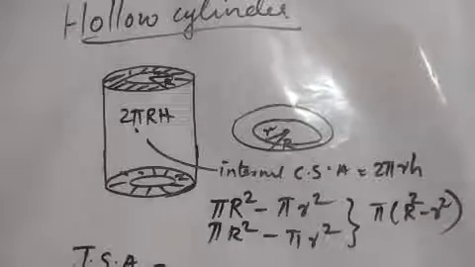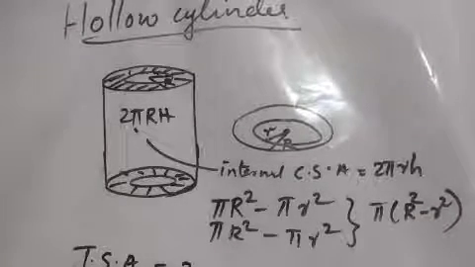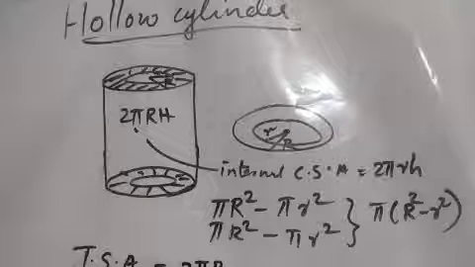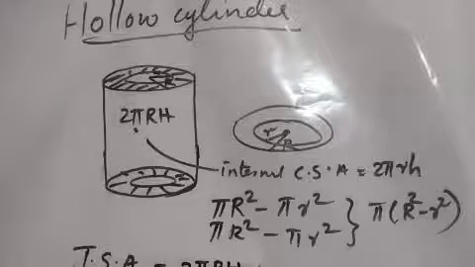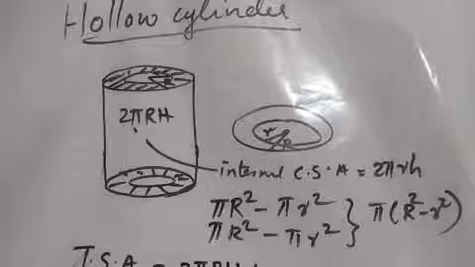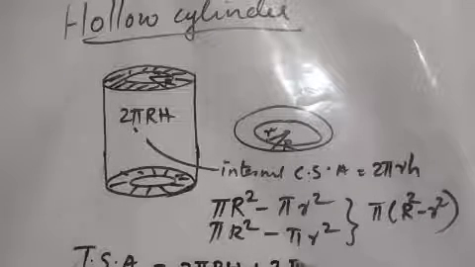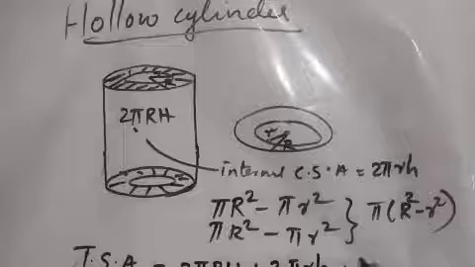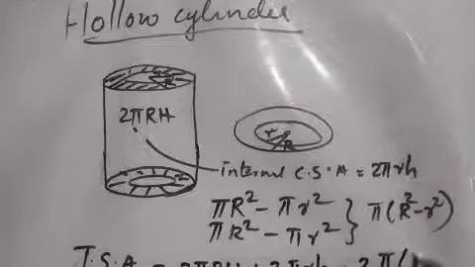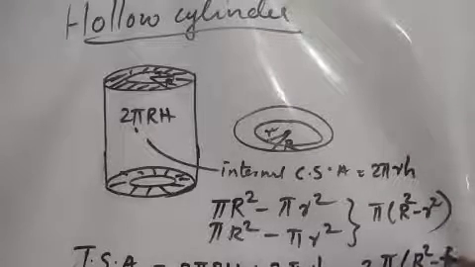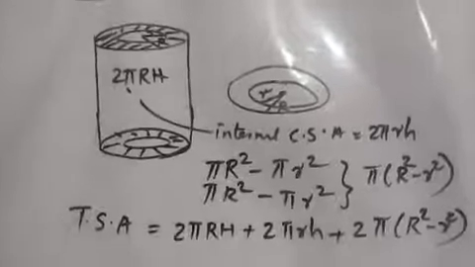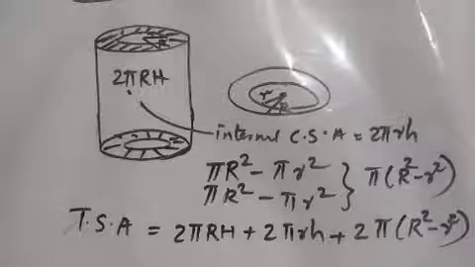So total surface area means sum of external curved surface area, internal curved surface area, and 2 times the base area, 2 into pi into R square minus r square.